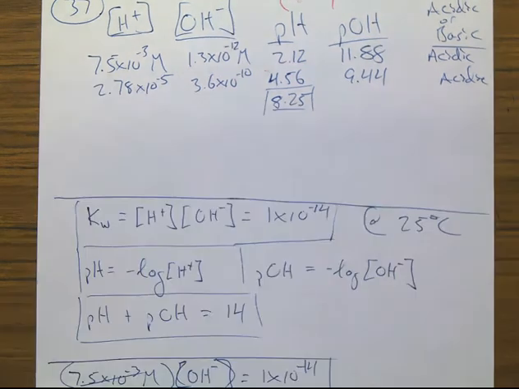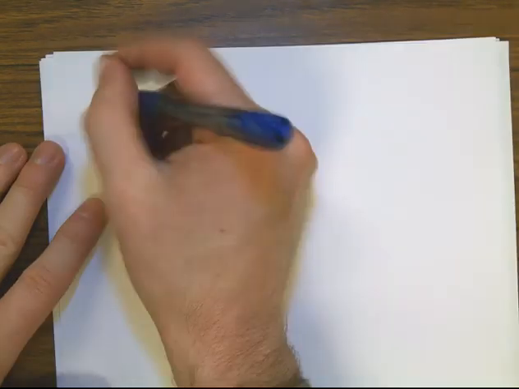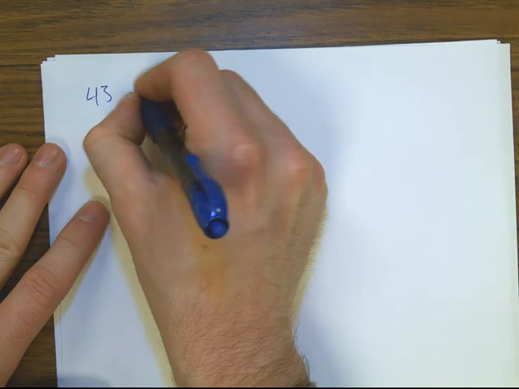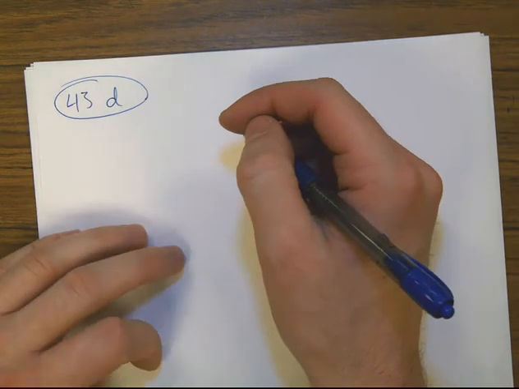Now we're going to be doing another problem, and the next problem I'm going to show you is problem number 43D in particular. So problem 43D tells you that you have to figure out the pH, and you're given information on mixing two different solutions.